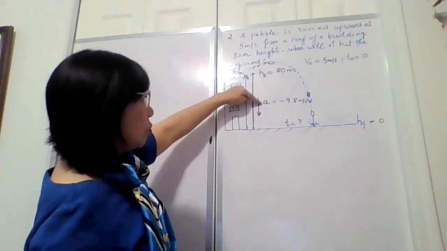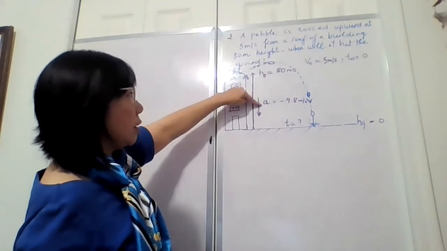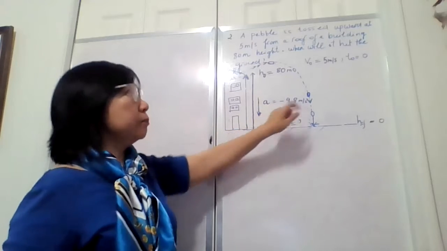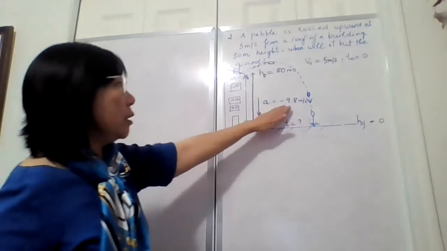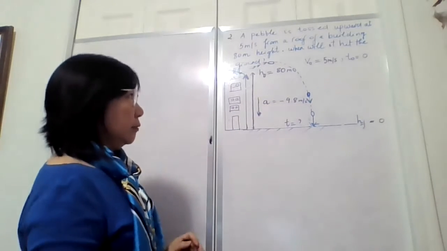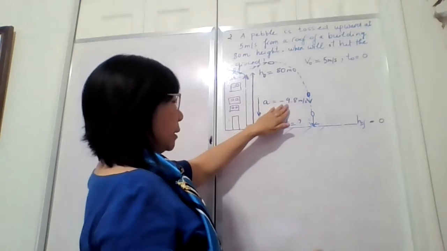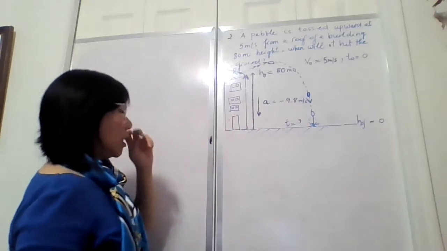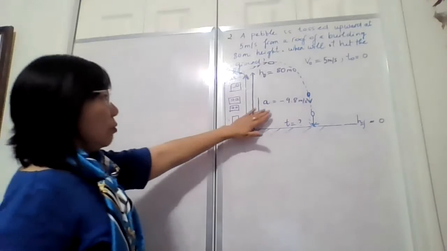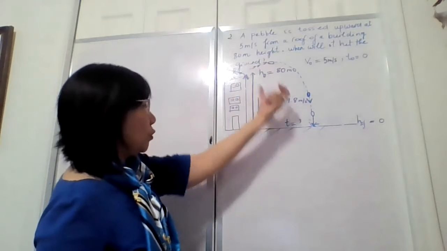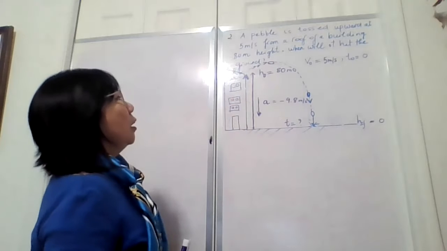The gravitational acceleration is represented by minus 9.8 meters per second squared. This number never changes. Sometimes people use minus 10 meters per second squared, and that's okay as well. Anyway, this is the acceleration, the gravitational force pulling the pebble down.